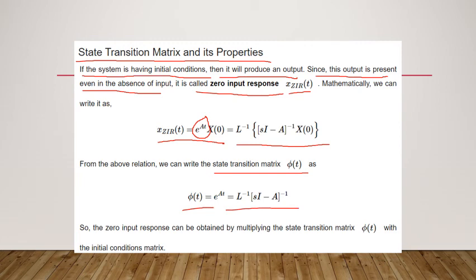I will find out (sI minus A) inverse and then take the Laplace inverse of that particular matrix. So we can see that zero input response can be obtained by multiplication of the state transition matrix and the initial conditions matrix, which is x of 0. We just multiply them to get x_zir.